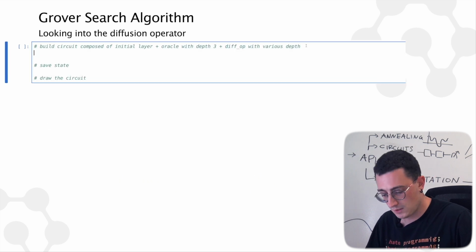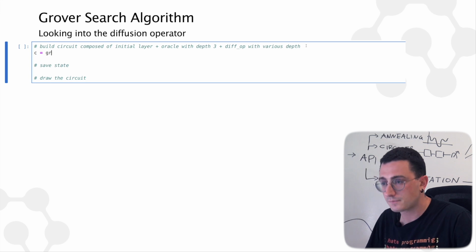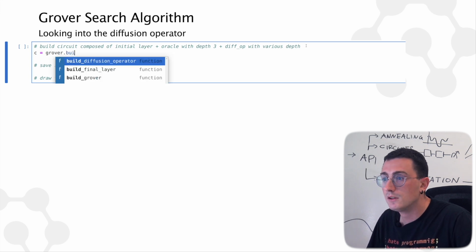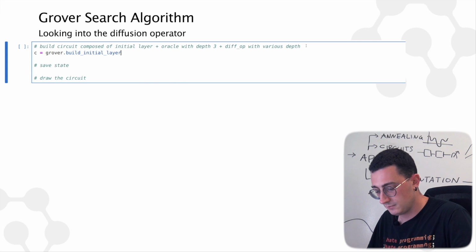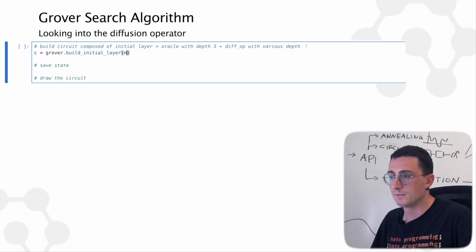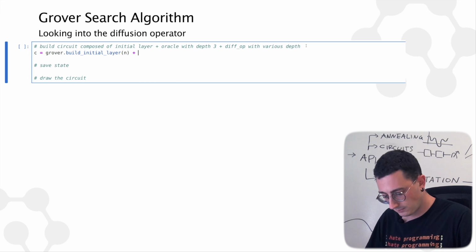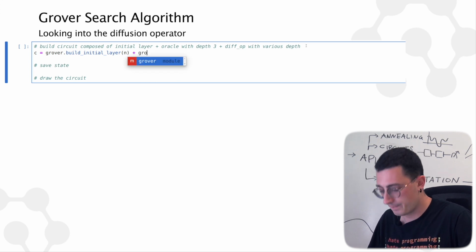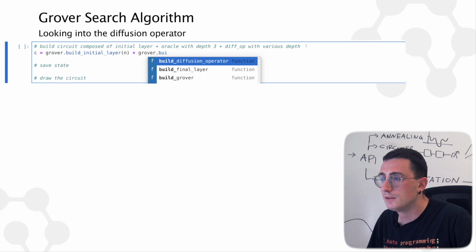Let's do that. The new circuit is composed of Grover dot build initial layer, with the number of qubits of the input register, plus Grover dot build oracle.